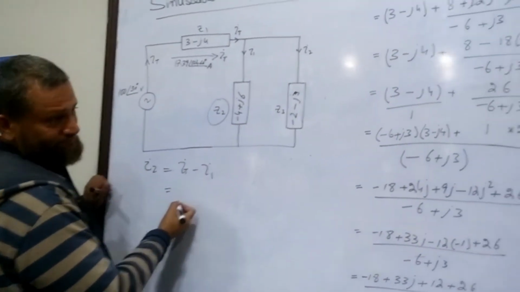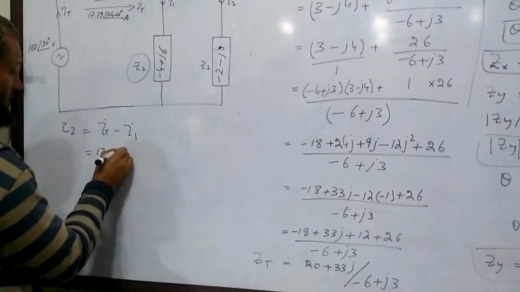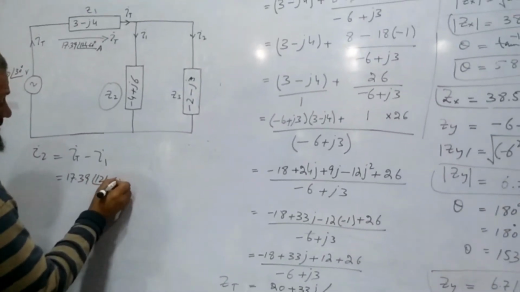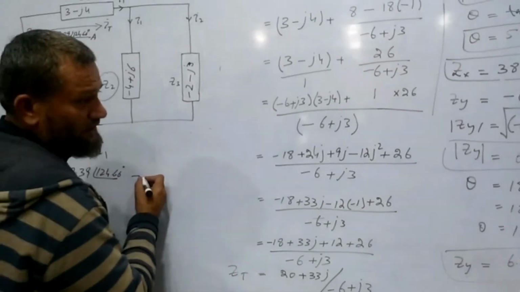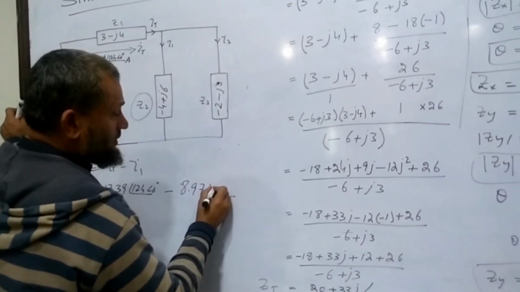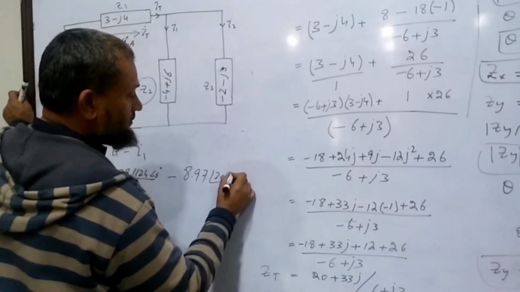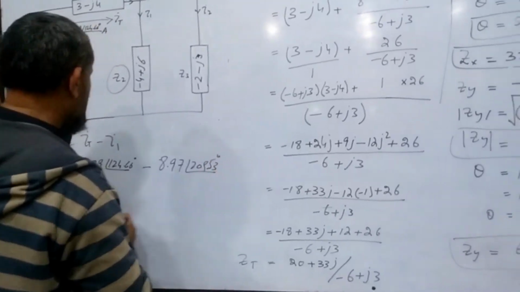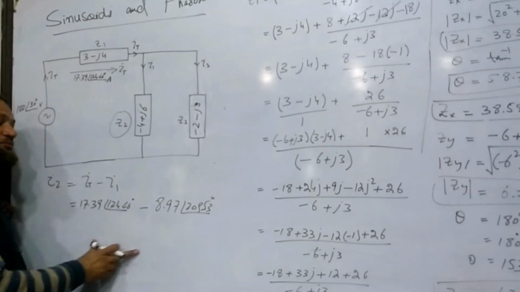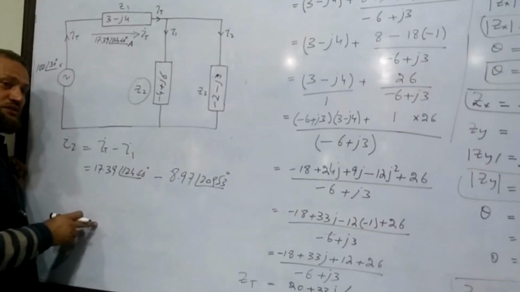We got I total, 17.39 at angle 124.66, minus I1, 8.97 at angle 209.53 degree ampere. Both are in polar, so we cannot do subtraction in polar.